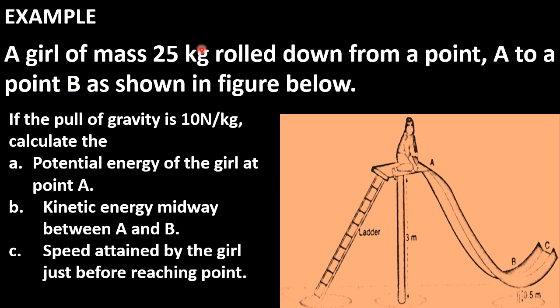So that's the situation we have. The girl has a mass of 25 kilograms, and we are given these values. The height at A is 3 meters, whereas point B is at 0.5 meters. Gravitational potential energy at point A is equal to mgh.